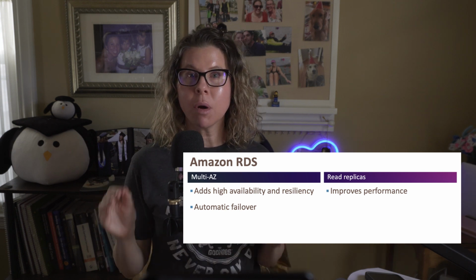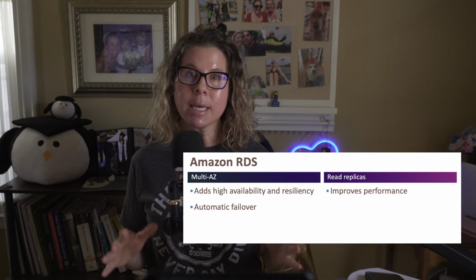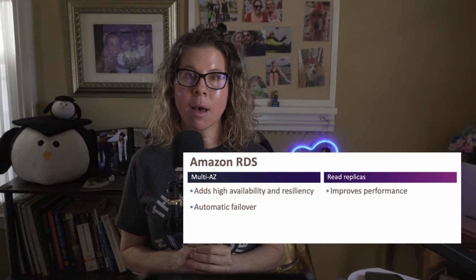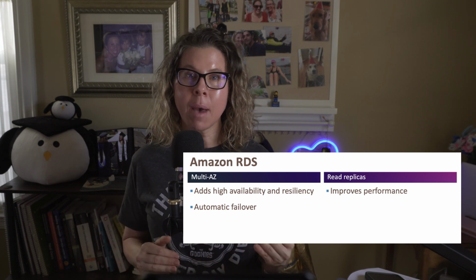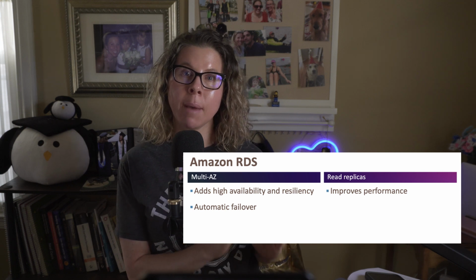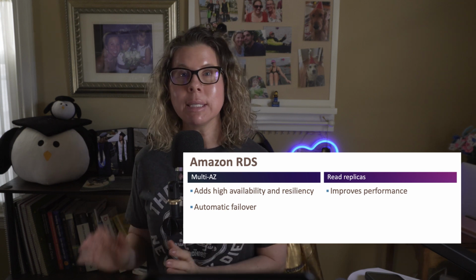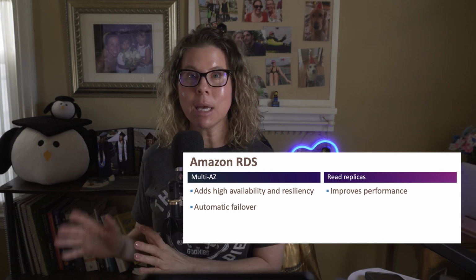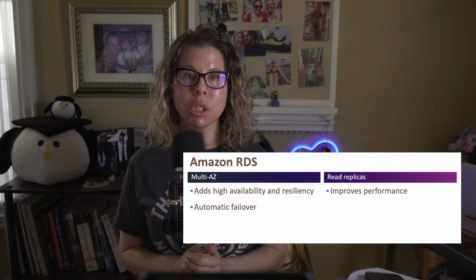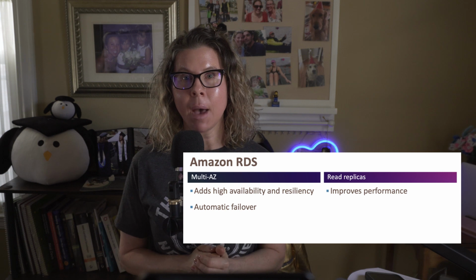And a cool feature of multi-AZ is if there is a failure or your database goes down, AWS will automatically update the DNS address from pointing to your primary instance to point to the secondary database instance in the other availability zone. So with multi-AZ configuration, your failover is automatic.